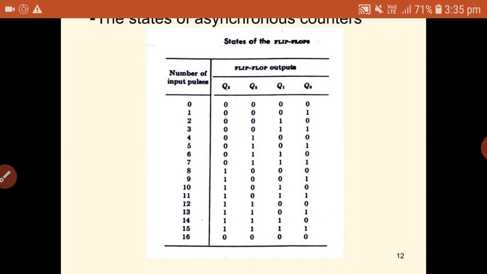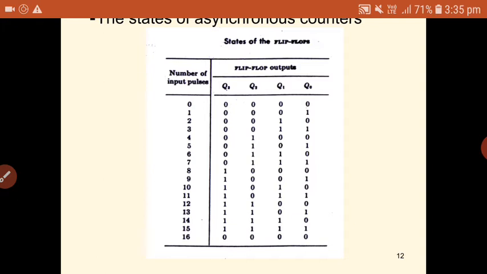If you observe, for each and every clock pulse, the Q0 output toggles, because this is the flip flop which receives the external clock pulse. For each clock pulse applied to FF0, its output toggles always.